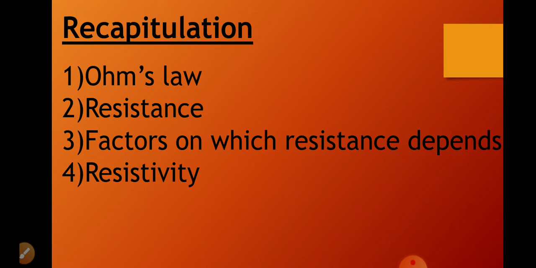Variable resistance is a component used to regulate current without changing the voltage source. What is a rheostat? It is a device which is used to change the resistance in the circuit.